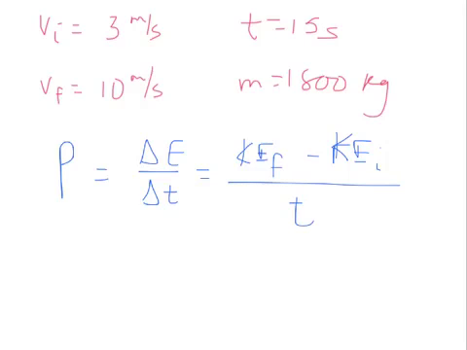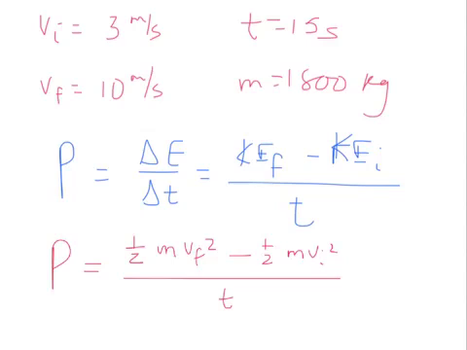Okay, so this is what we're going to do instead. In the last problem, we did the potential final minus potential initial because it moved vertically. But now the object is changing speed. Because it's changing speed, we're going to use a change in kinetic energy. This becomes 1/2 m vf squared minus 1/2 m vi squared all over time.